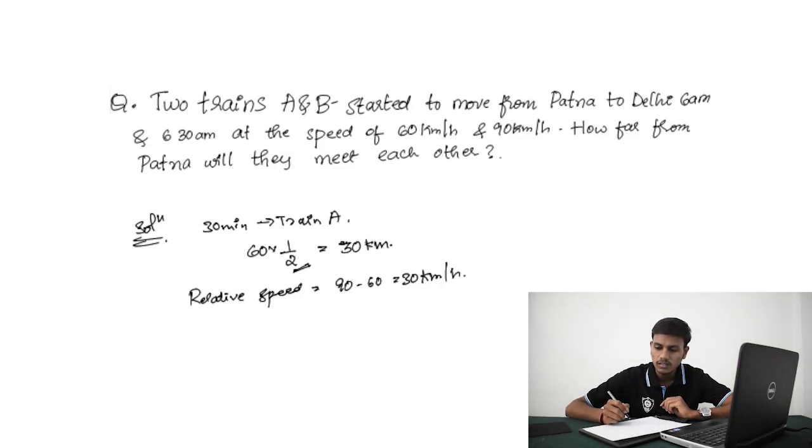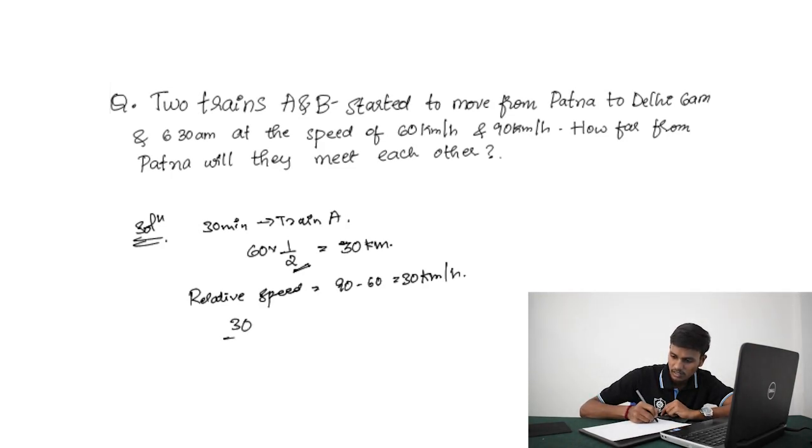So the time taken to cover that 30 kilometer is given by 30 divided by 30.